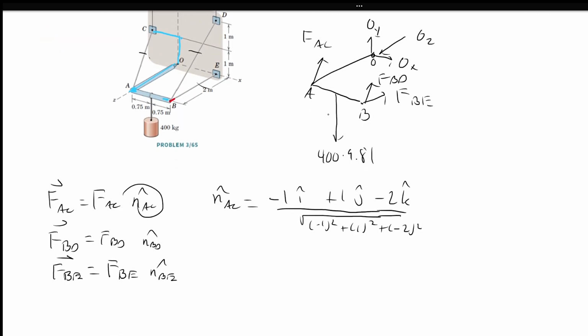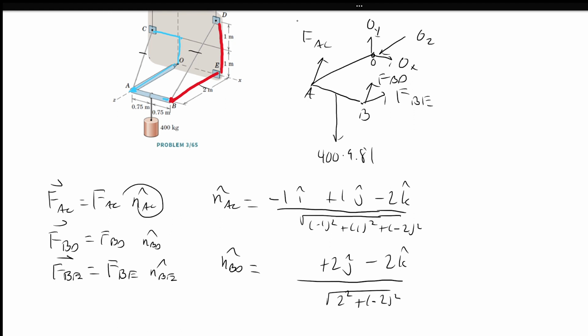And then NBD, because it is NBD, am I right? All right, so this one we need to start at point B, and we're going to go 2 meters in the negative Z direction, and then up 2 meters in the Y direction. So that'll be plus 2J, and then minus 2K hat, divided by square root of 2 squared plus minus 2 squared.